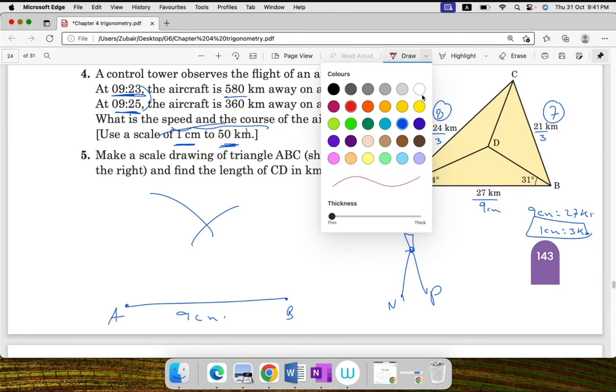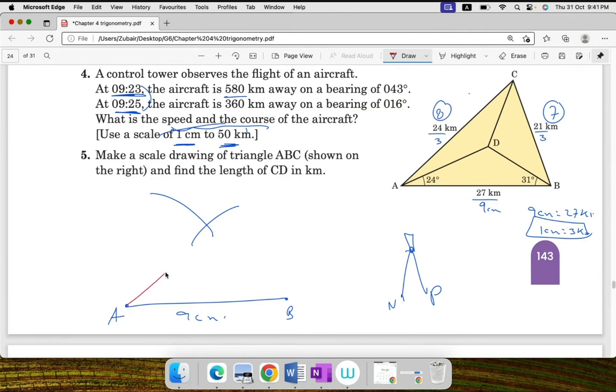So this point of intersection is exactly 8 centimeters from A, and it is exactly 7 centimeters from B, which would definitely be 24 kilometers and 21 kilometers to scale.